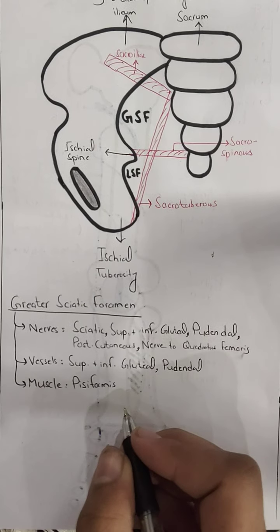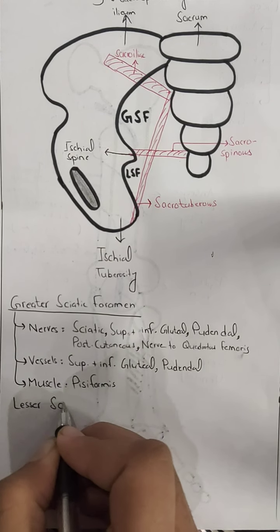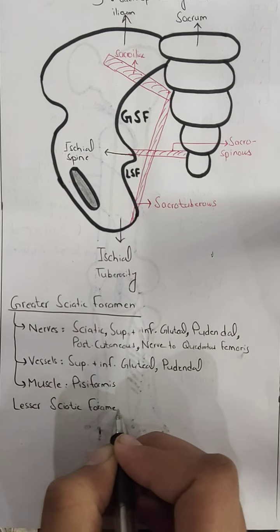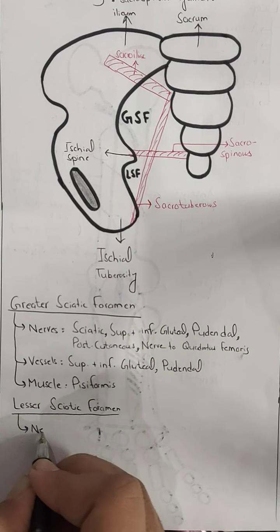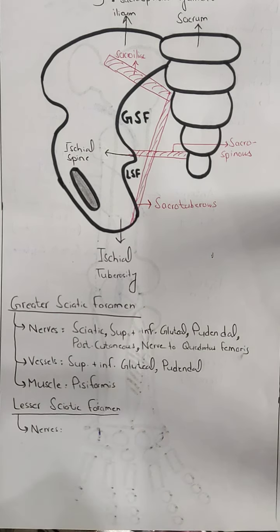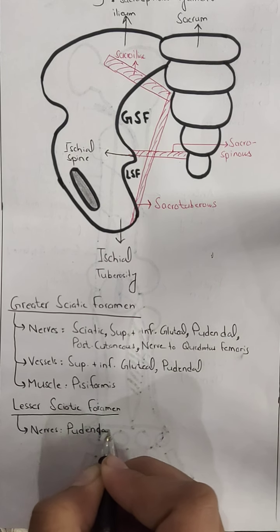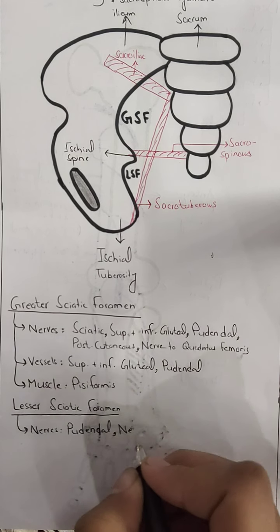Now we will move toward the lesser sciatic foramen. First of all, we will see the nerves. The nerves which are present in the lesser sciatic foramen are the pudendal nerve and the nerve to obturator internus muscle.